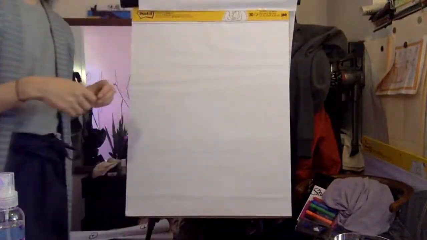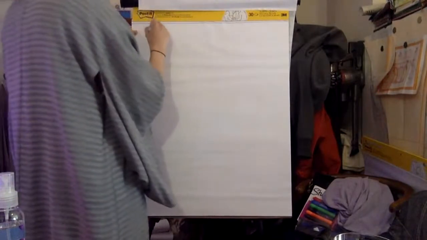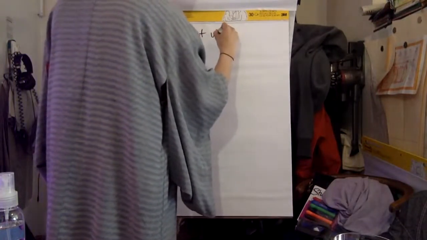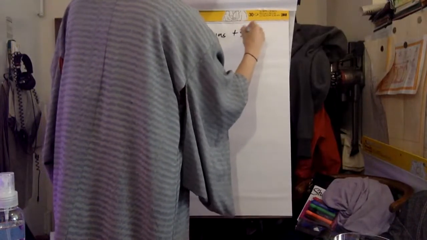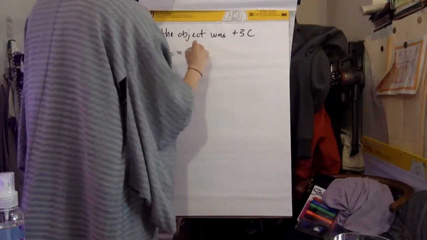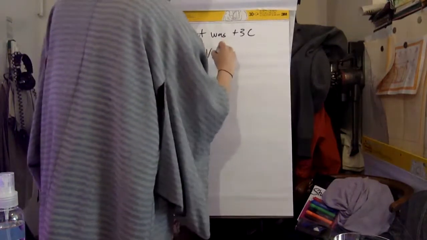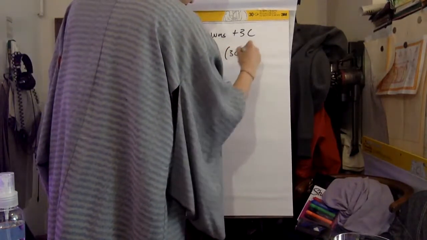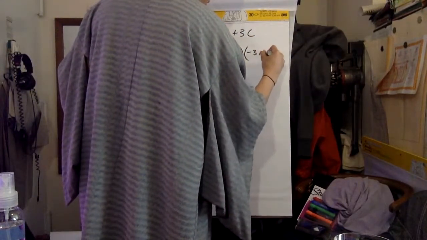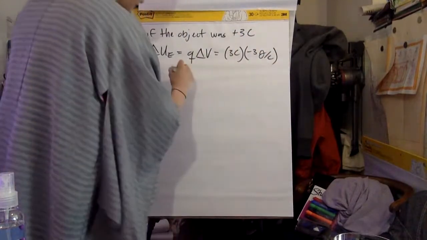Okay, so if the object was positive 3 coulombs, then the change in potential energy was equal to Q times delta V, and this is 3 coulombs times negative 3 joules per coulomb.